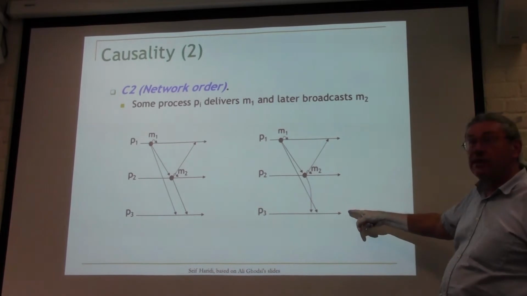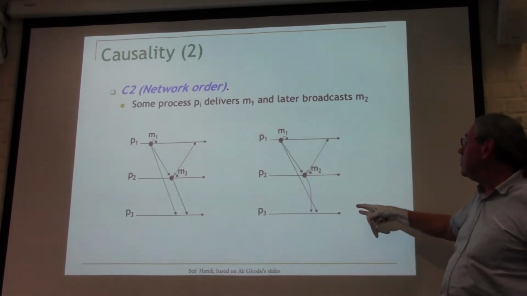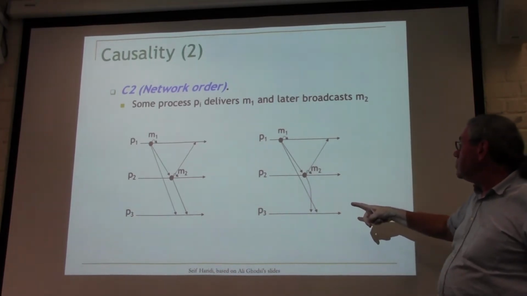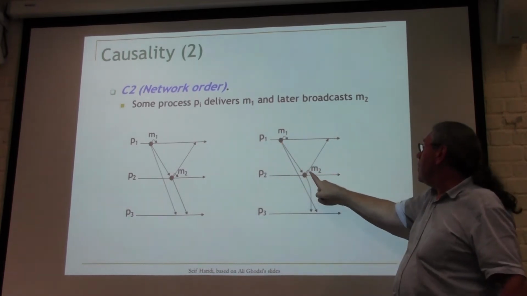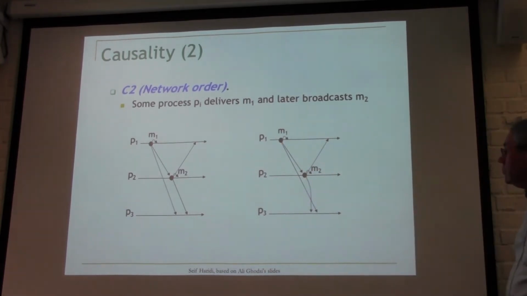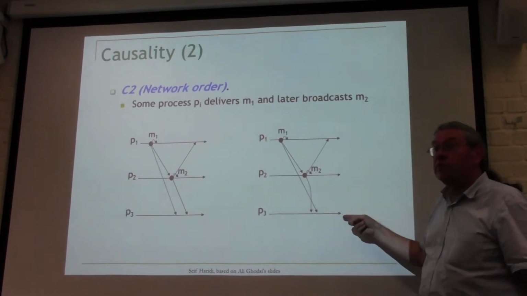Is this one satisfying network order? So again, M1 is causally preceding M2, so what happens on P1 and P3?